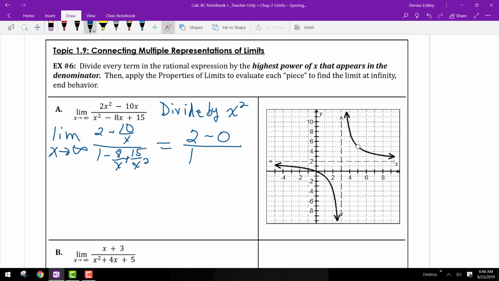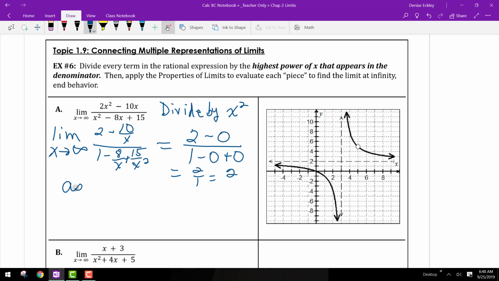We have our 1 in the bottom, and minus another 0 because we have like 8 over 10 billion, a super tiny number, and then plus 15 over 1 billion squared, which is also 0. So we get 2 over 1, which is 2.